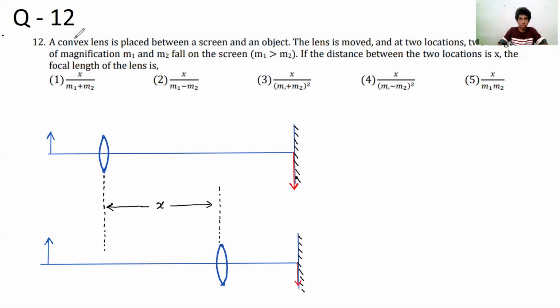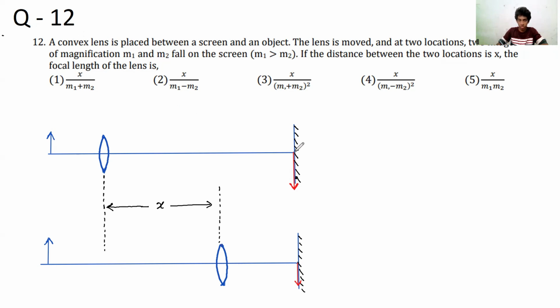Question number 12. A convex lens is placed between a screen and an object. The lens is moved and at two locations, two images of magnification M1 and M2 fall on the screen. M1 is greater than M2. If the distance between the two locations is x, the focal length of the lens is.